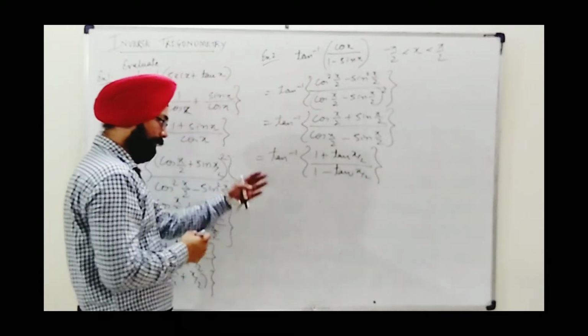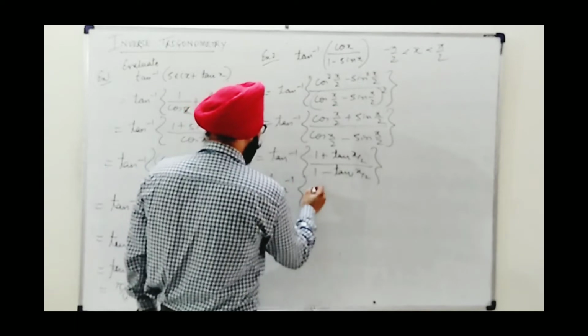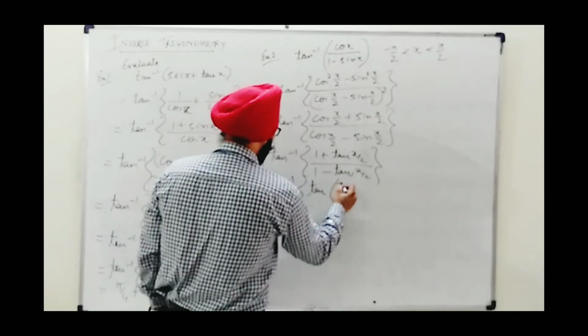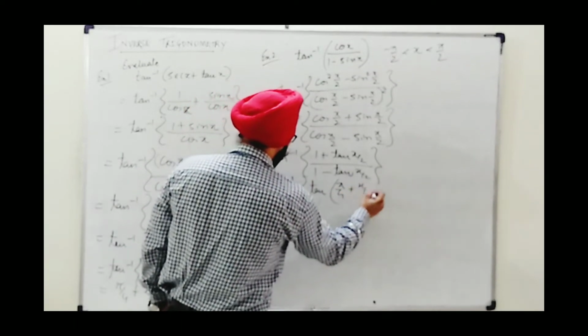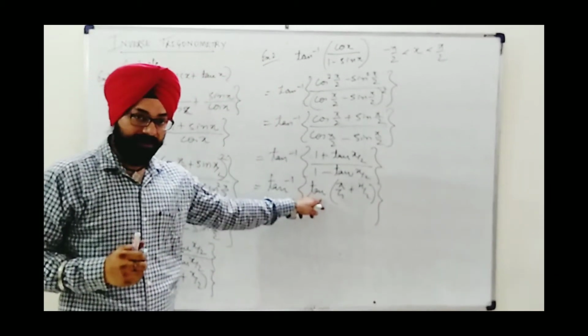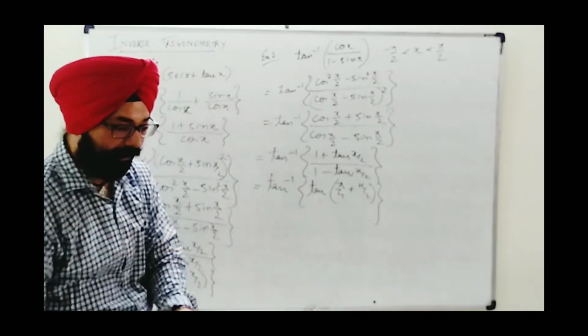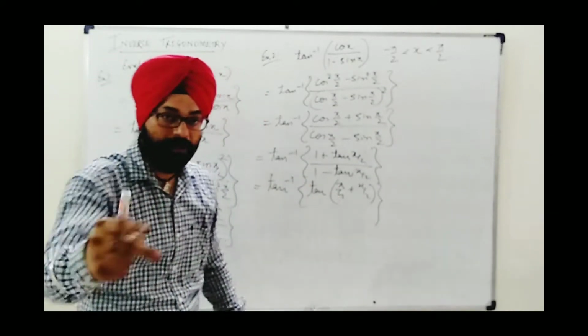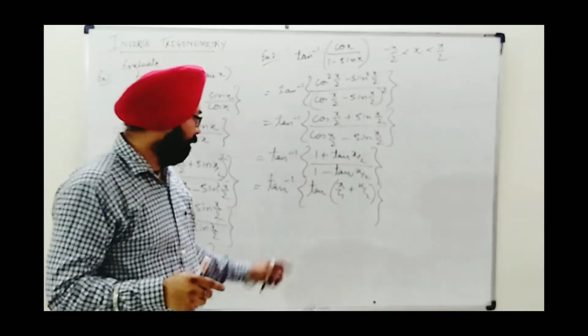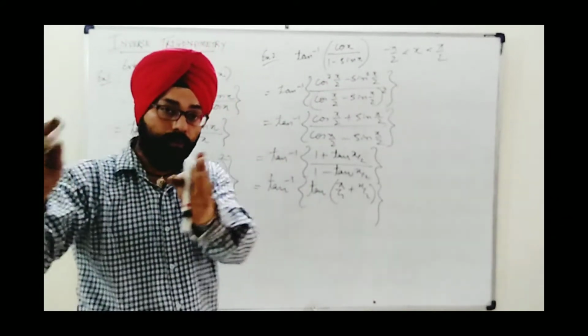As soon as I do, the identity applicable will be tan inverse of tan of pi by 4 plus x by 2. Now before we cancel, by the law of cancellation, we need to see that the angle which has been taken inside the bracket belongs to the principal domain or not. And don't forget, it is the case of tan inverse, that's why the principal domain required is minus pi by 2 to pi by 2.